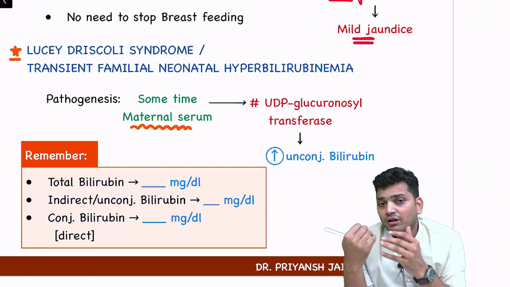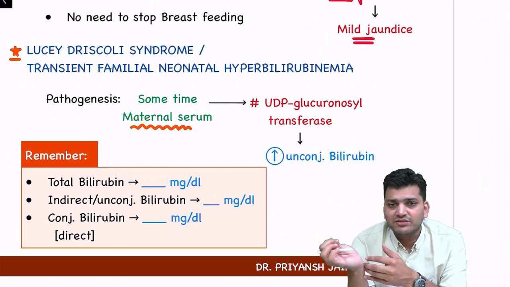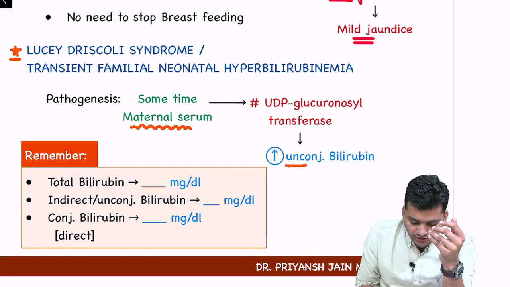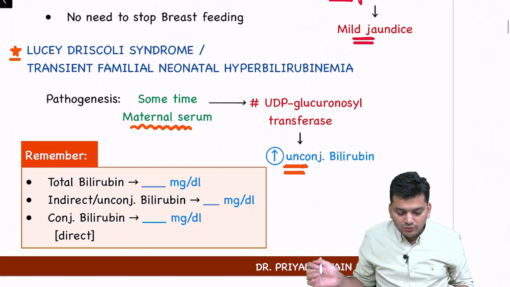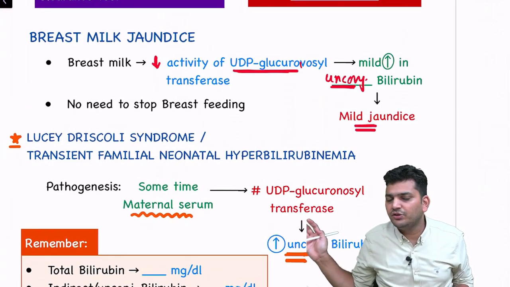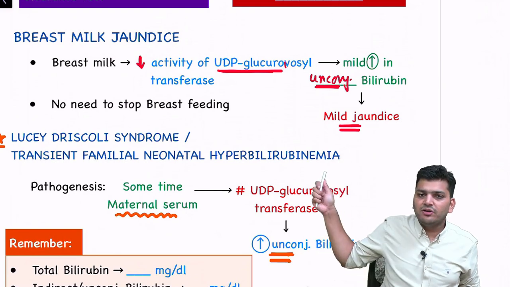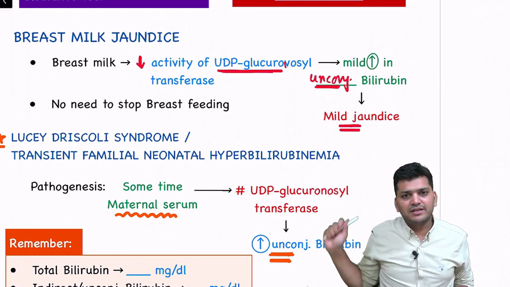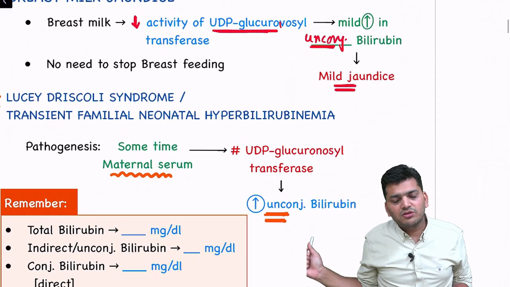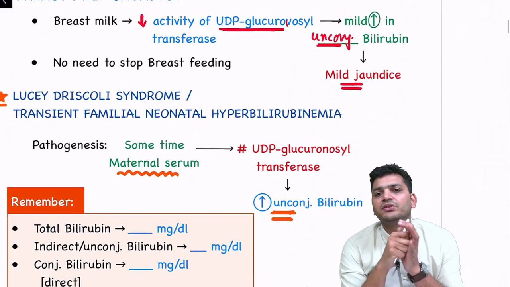If because of maternal serum the UDP glucuronosyl transferase will not work, again the unconjugated bilirubin will increase. So in both breast milk jaundice and neonatal Lucey-Driscoll syndrome, the enzyme is not working. In breast milk jaundice, it is because of breast milk. If the enzyme is not working properly because of the maternal serum, then this is called Lucey-Driscoll syndrome.